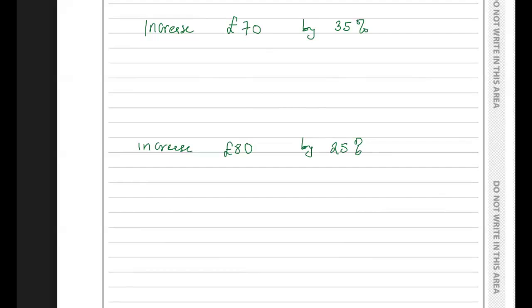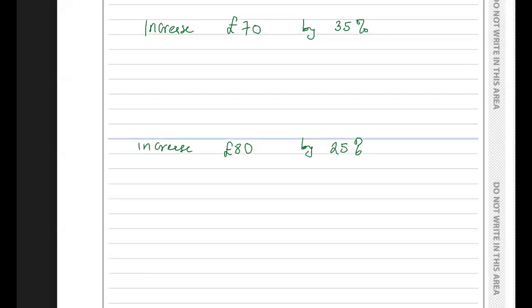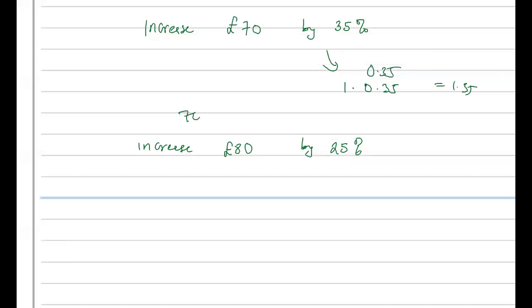On the first one, you won't be doing this the wrong way. This one is going to be 0.35. I'm going to say 1 plus 0.35, that gives you 1.35. Now do 70 times 1.35.